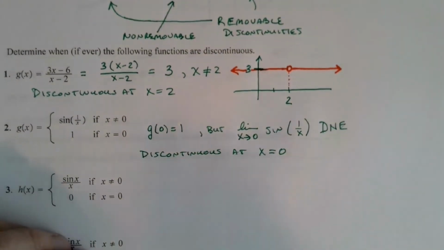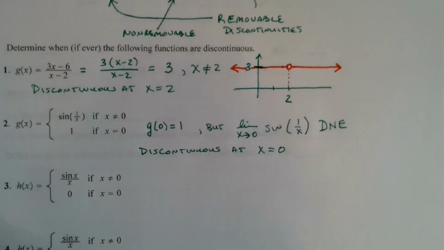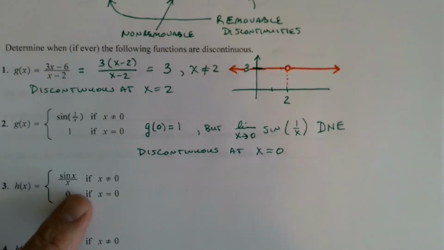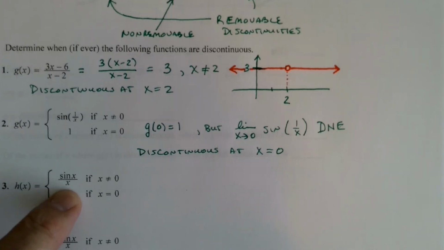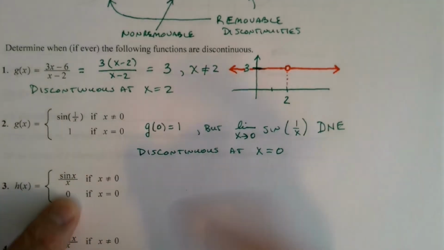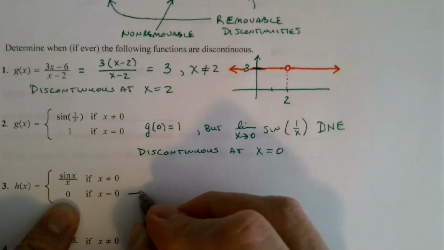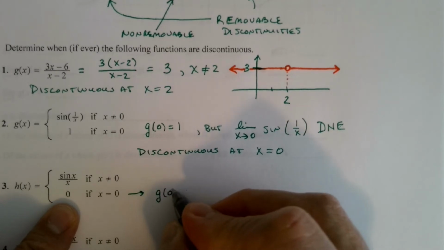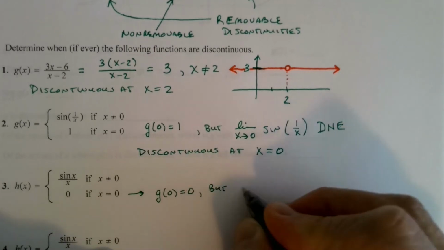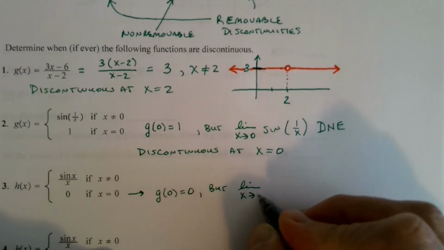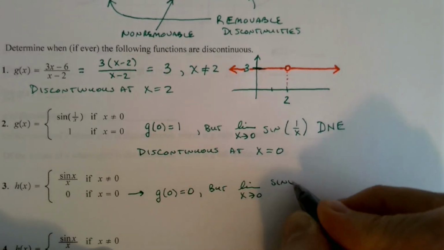Let's take a look at this situation here. This time it's very similar to the last one. Instead of sine of 1 over x, though, it's sine of x divided by x, and that's different. Notice here I have g of 0 equals 0, but when I look at the limit as x approaches 0 of sine x over x, what's that?